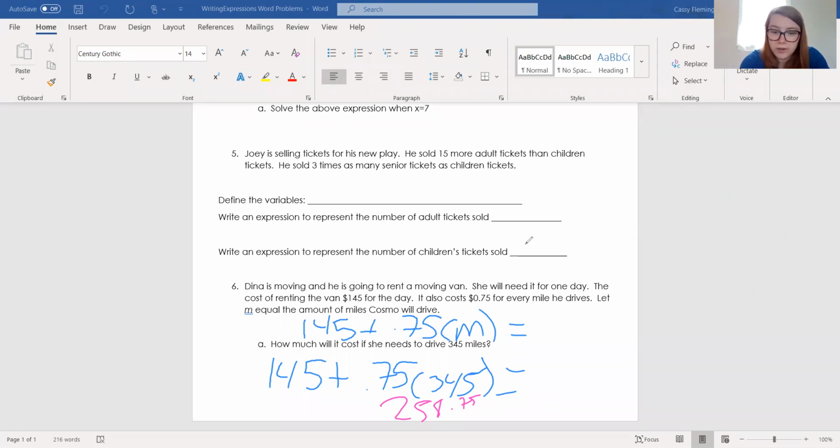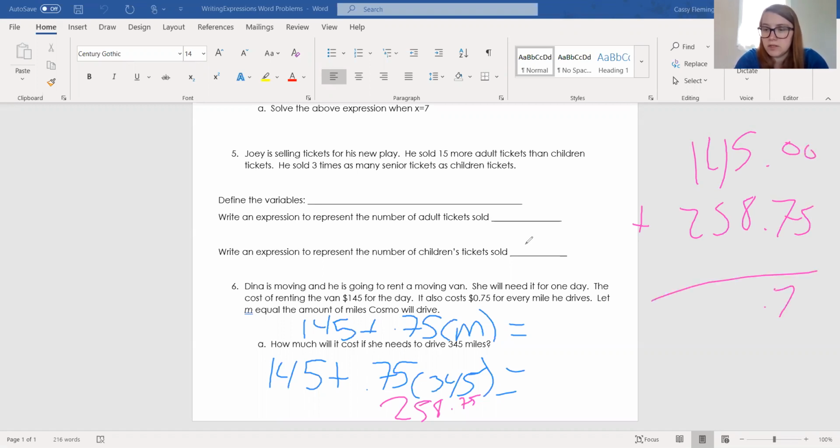All right, so we know we need to add 145 to 258.75. You know it's going to be a flat 75 cents. 5 plus 8 is 13. 5 plus 4 is 9, plus 1 is 10. 2 plus 1 is 3, 4. So you should get 403.75.